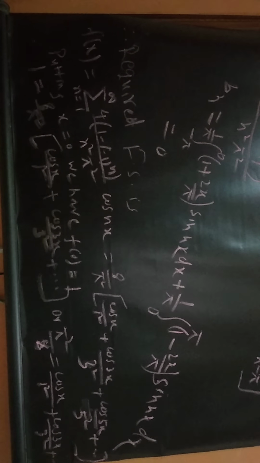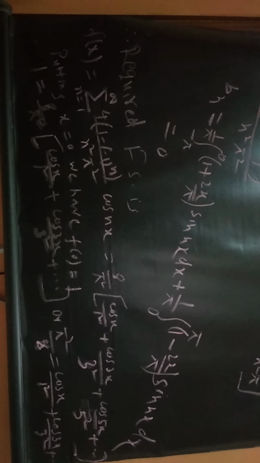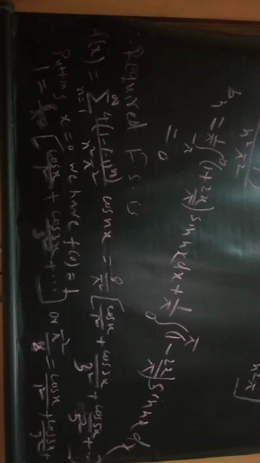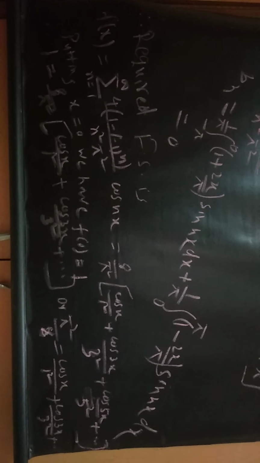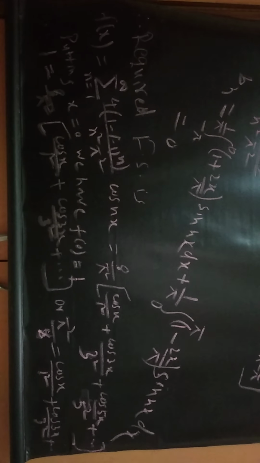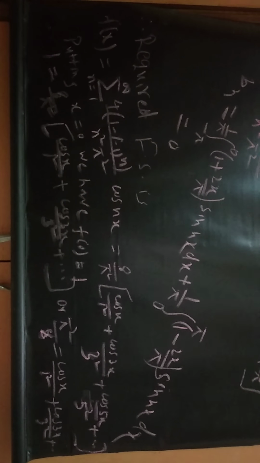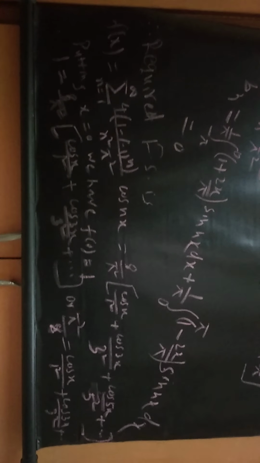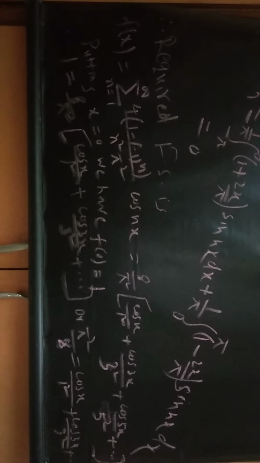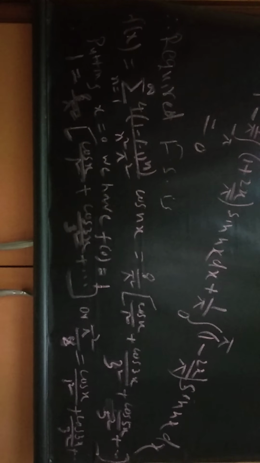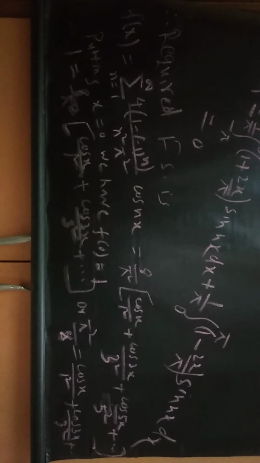Bn as 0, and therefore our required Fourier series becomes fx is equal to summation n takes values from 1 to infinity 4 times 1 minus 1 raised to n divided by n square pi square cos nx.